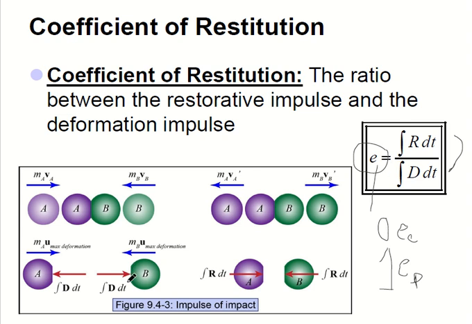That's just showing you how they come in and how they go off, and pay attention to the direction. When they come in, it's like that, and then when they go off, you're going to get your restorative impulse. That is deformation because they collide, restorative after the collision.